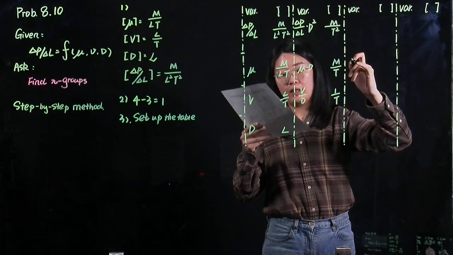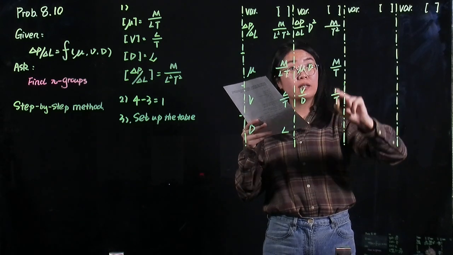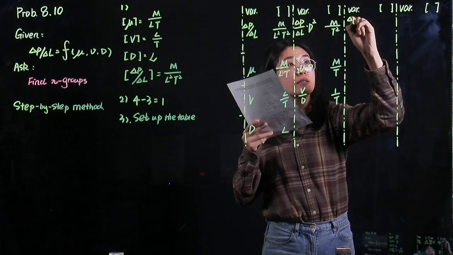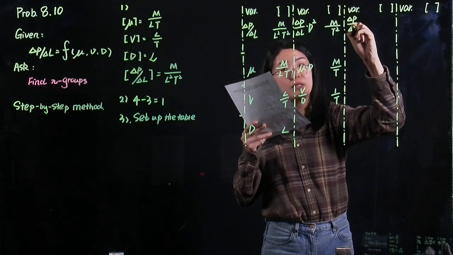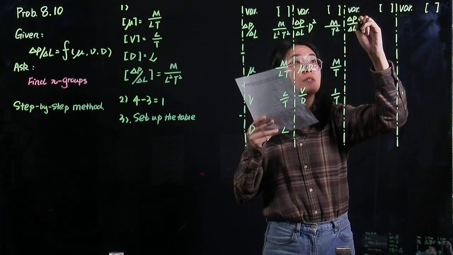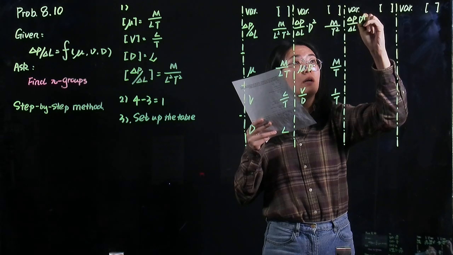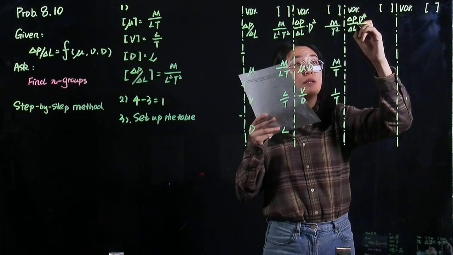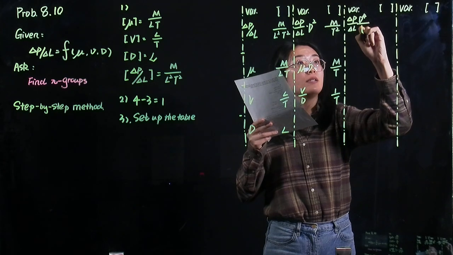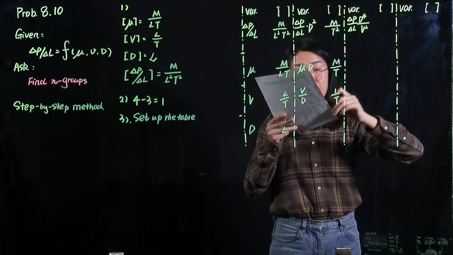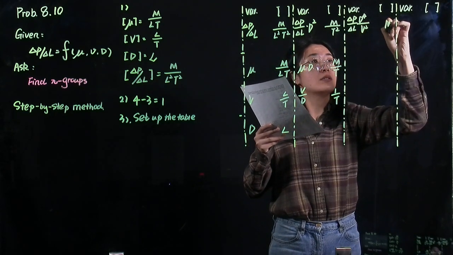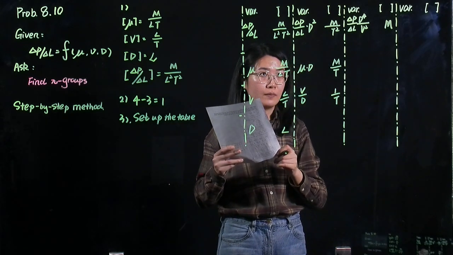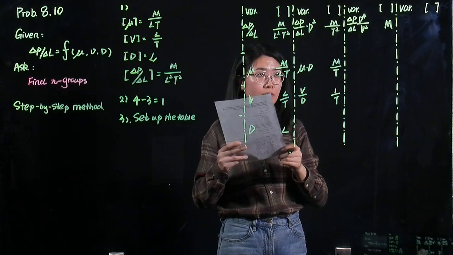So for this one, T is here, so we get delta P over delta L times D to the power of 4, and then divided by V squared. The corresponding dimension is M. Right?